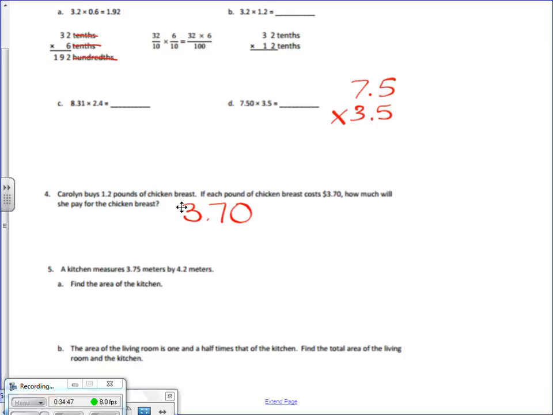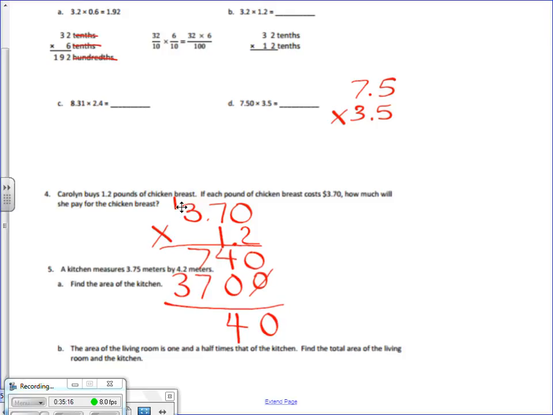$3.70 times 1 2/10. I did not line up my decimals because when you're multiplying, you don't. 2 times 0, 0, 14, 7. I got 44. Add a row, add a 0, 0, 7, 3, 0, 4, 14, 4.